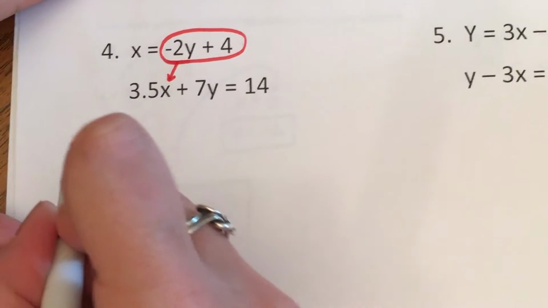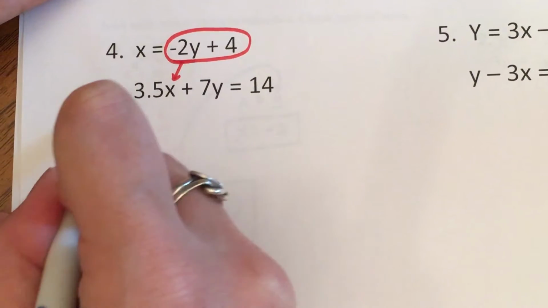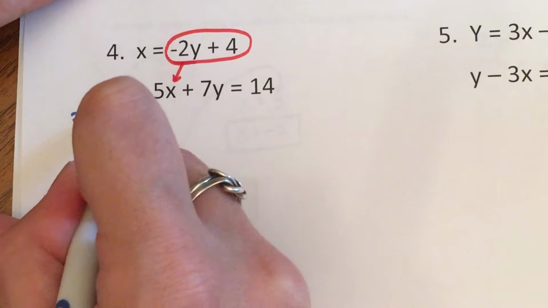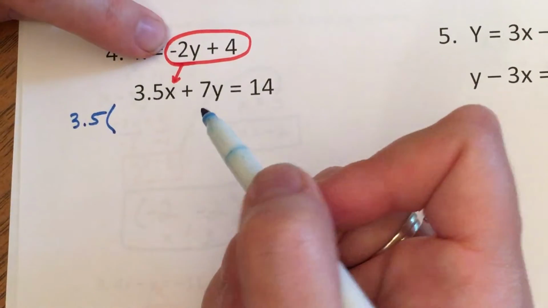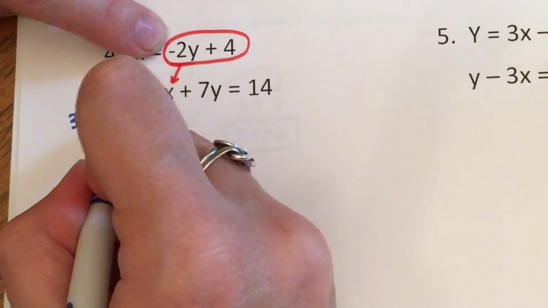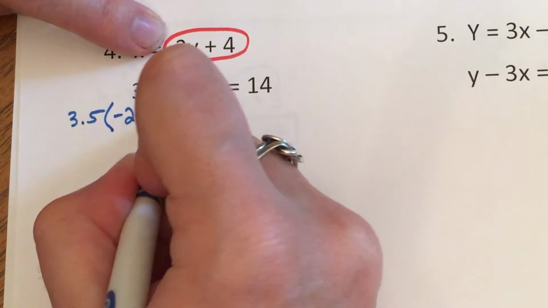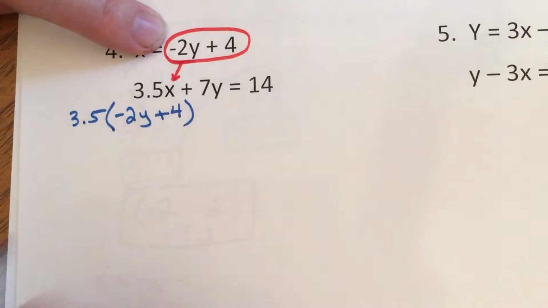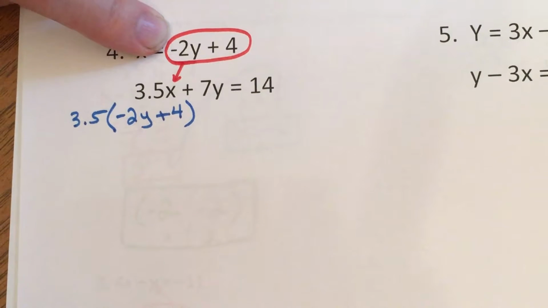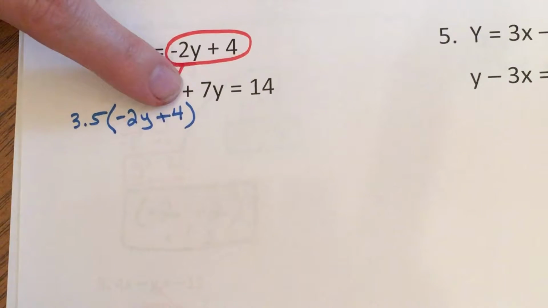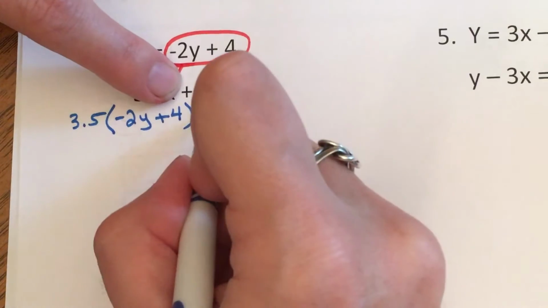And I have, as a result, 3.5 parentheses times the quantity of negative 2y plus 4. Close your parentheses because that quantity is done. Go back to the rest of your equation.